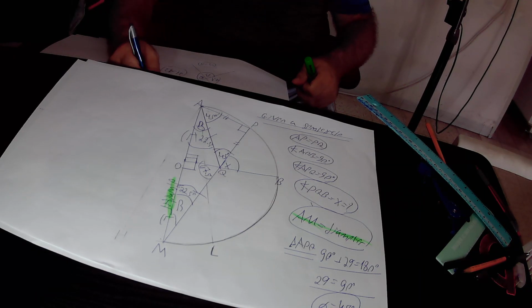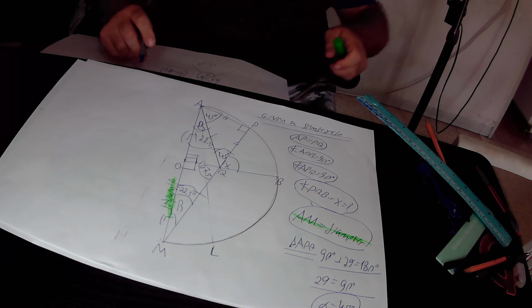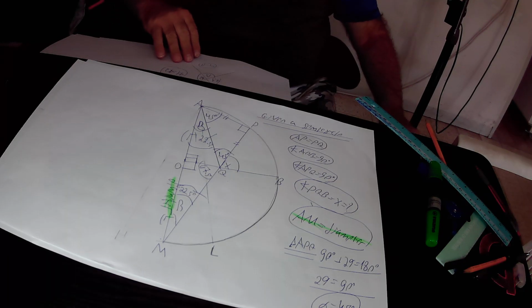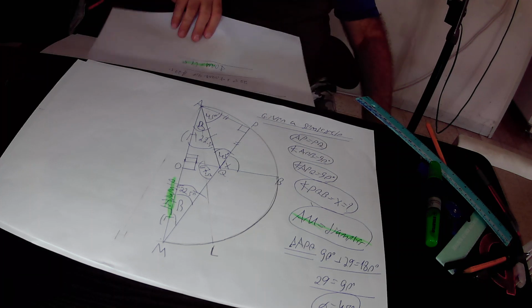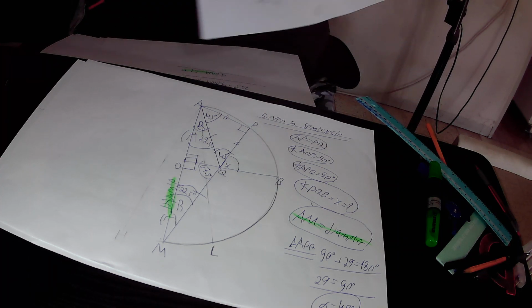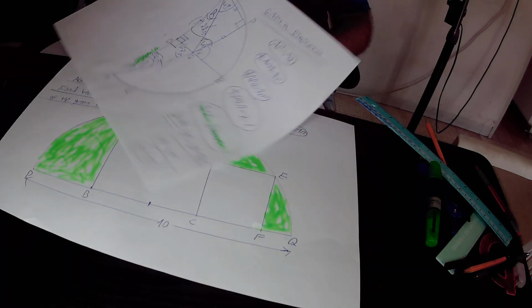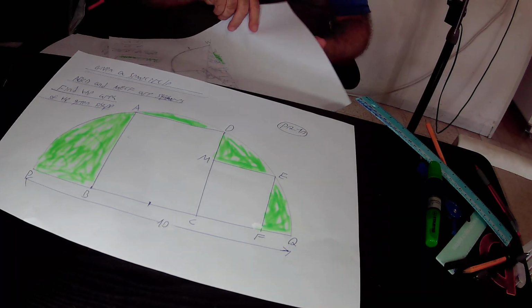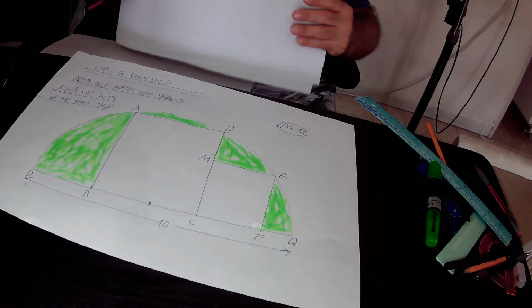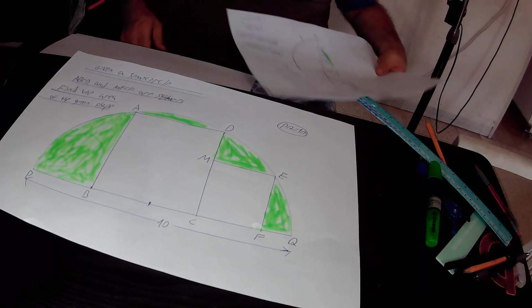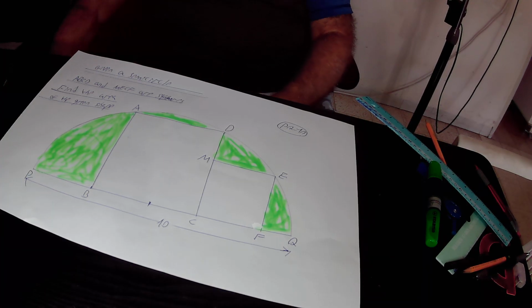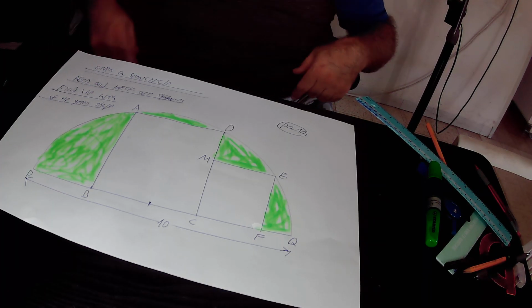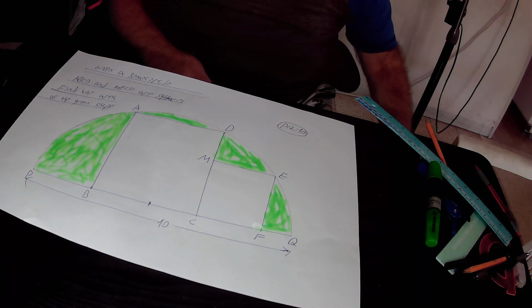In the next step, I present the second question and solve the second question of this lecture. In the second question, our task is to find out the area of this green shape.